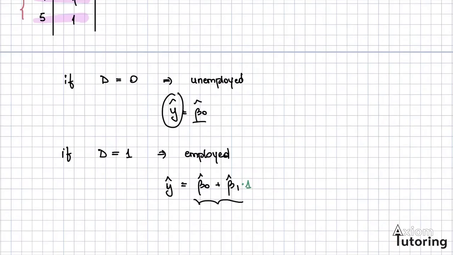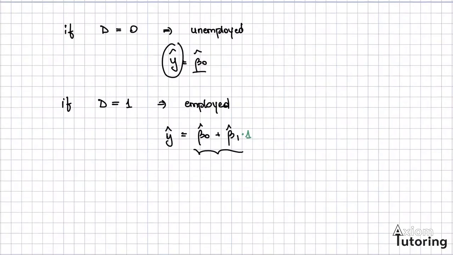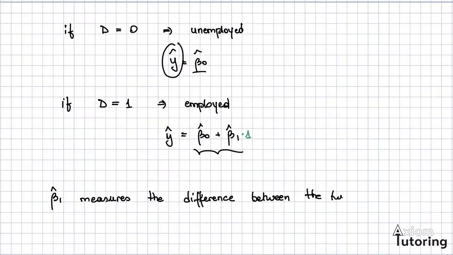So we're moving from 0 to 1, and we're moving from beta 0 to beta 0 plus beta 1 hat. What that tells us is that basically this beta 1 hat measures the difference between the two groups. Okay?